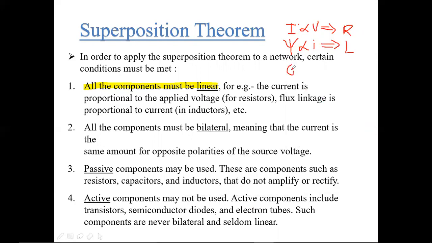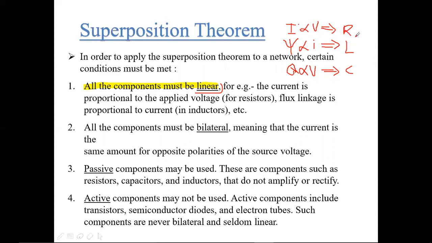Q proportional to V, meaning charge is proportional to voltage, and you will get a constant, the capacitance. Like this, all are proportional. I and V are proportional, flux linkage and current are proportional, charge and V are proportional. So this comes under the category of linear. That is the reason I said R, L, C are linear passive elements. So that is the first point.